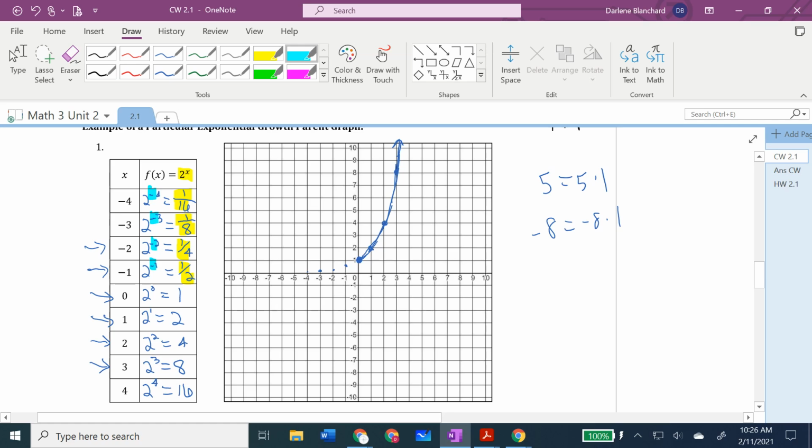But a negative sign in an exponent is not the same thing as what you think of when you think of a negative number. When you see a negative sign in an exponent, this is very crucial. Listen carefully. When you see a negative sign located in an exponent, you want to interpret it as reciprocal, or wrong side of the fraction, you need to move to the other side.